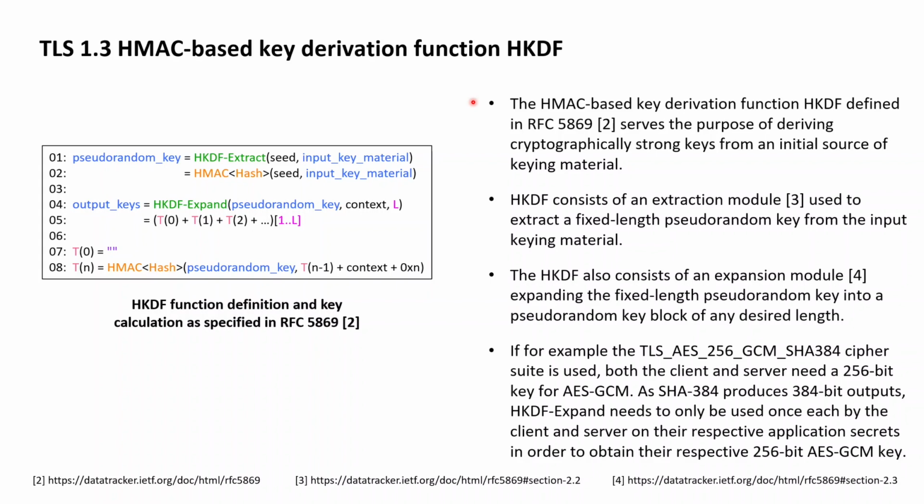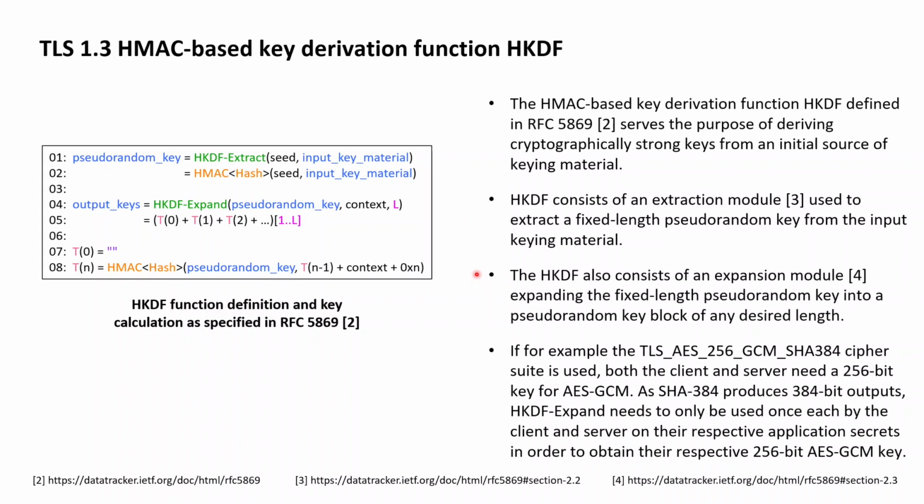HKDF then consists of two modules. The first HKDF module is an extraction module used to extract a fixed length pseudorandom key from input key material. The second module of HKDF is then an expansion module which expands the fixed length pseudorandom key into a pseudorandom key block of any desired length.